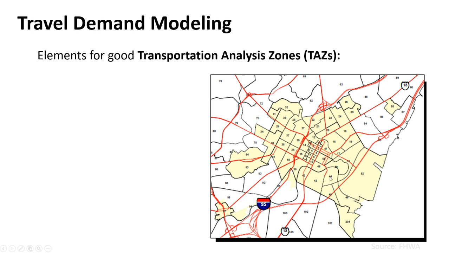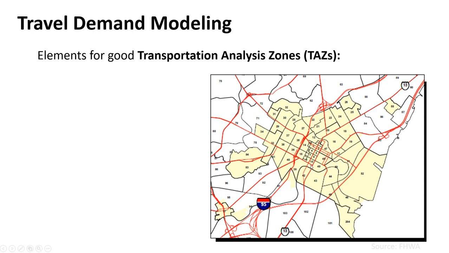Each of these numbered boxes is a transportation analysis zone, and on top of that, they've overlaid the highway network around it. Quite often, we'll use the road in here as a boundary. And this is a pretty classic model.